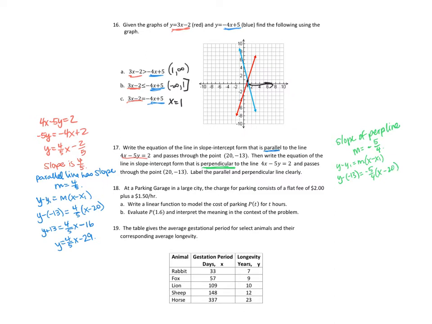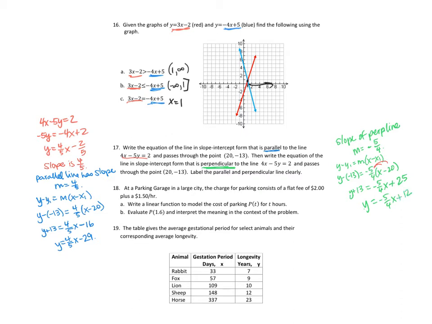All right, and so I get y plus 13 equals, and then when I distribute this to both of those, I'm going to get negative 5/4 x, and then I'll have a plus, let's see, 20 divided by 4 is 5, 5 times 5 is 25, 25 there. And then I can subtract the 13 from that, and I'll get y is equal to negative 5/4 x, and then 25 minus 13 is plus 12.